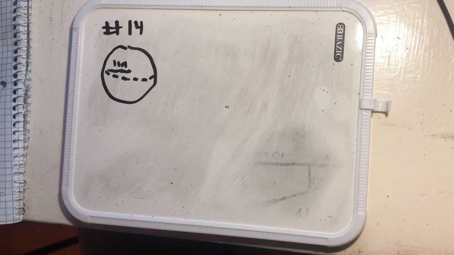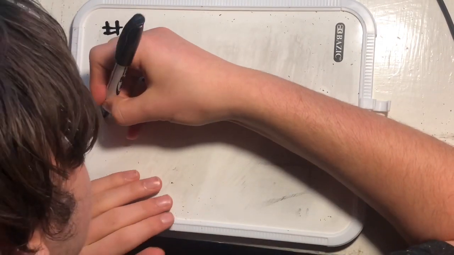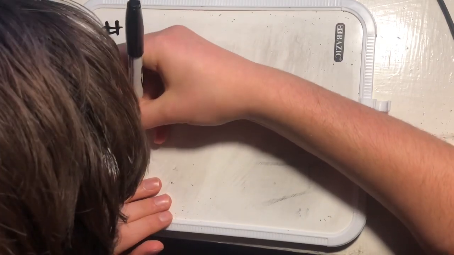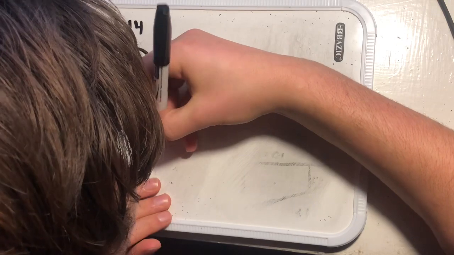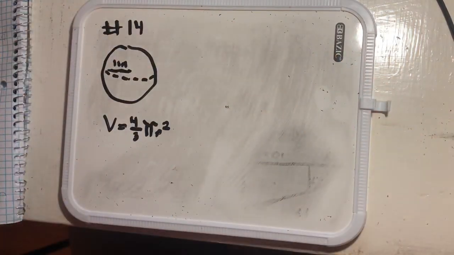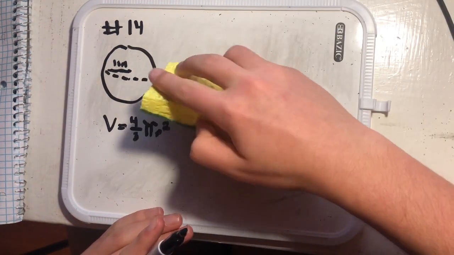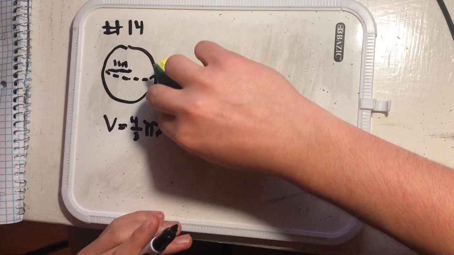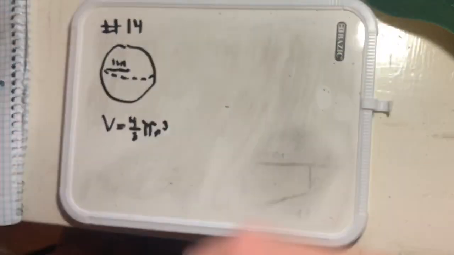And now we know that the volume of a sphere is 4/3 pi r cubed.